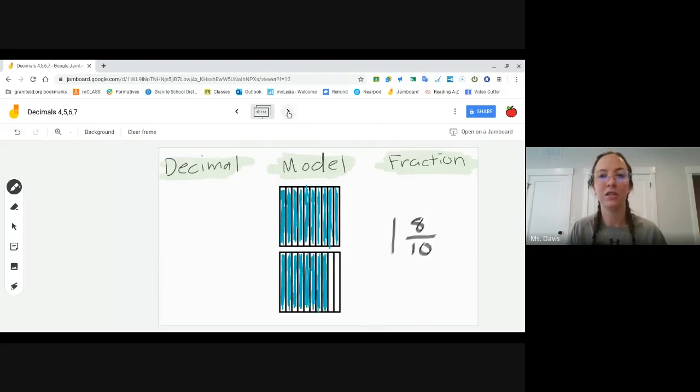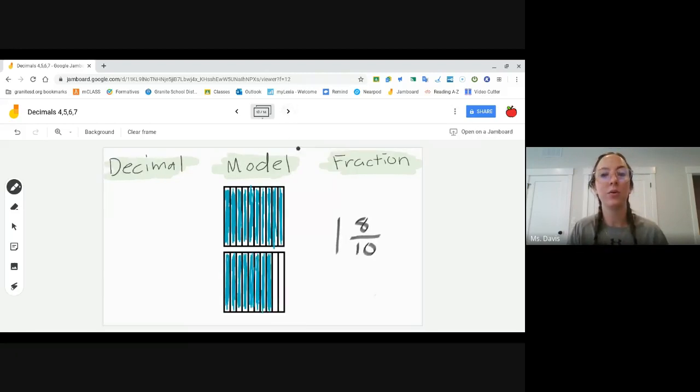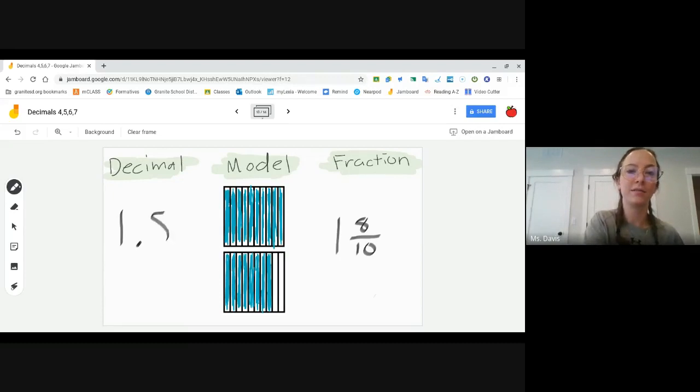Okay, here's another one. This one I'll go through a little bit faster. I have one whole, which you can see in the model, and meaning I have more than one whole, 8 tenths, because there are 10 pieces cut up in the whole. So it goes in the tenths place, which is the first spot after that decimal in the place value.